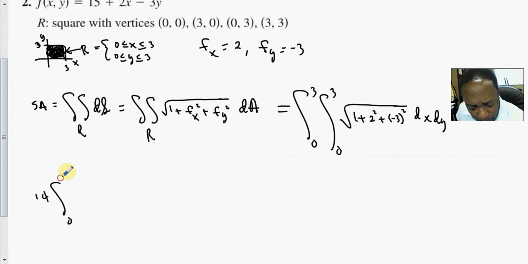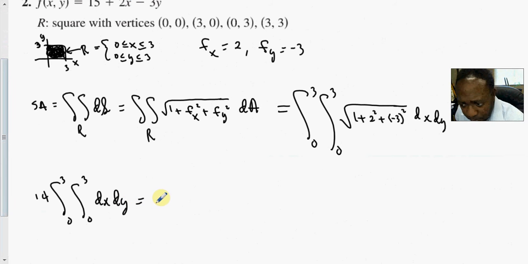The integral from 0 to 3, the integral from 0 to 3, dx dy. Integrate with respect to x. That's the square root. Don't want to lose that. The square root of 14 times the integral. Really, this is just 3 times 3, or the square root of 14 times 9.